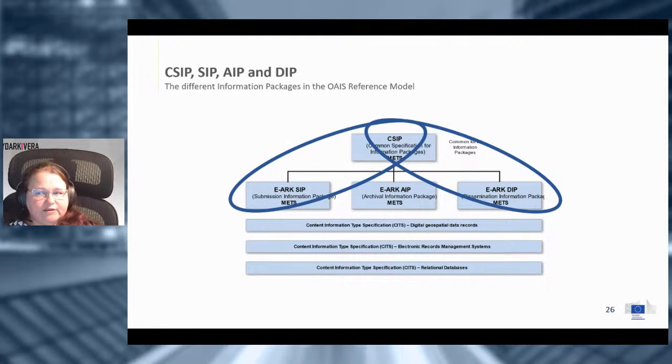On the top, we have the CSIP, which is the common things for all information packages. And as you already heard, I have my package coming in, being the submission information package. I store it as the archival information package, and I disseminate it through the dissemination information package. And all of these have some small changes needed to be the best for their purpose. But all the common things are in the CSIP.